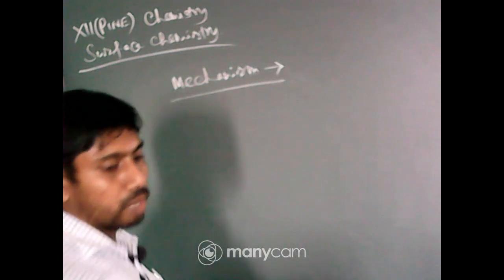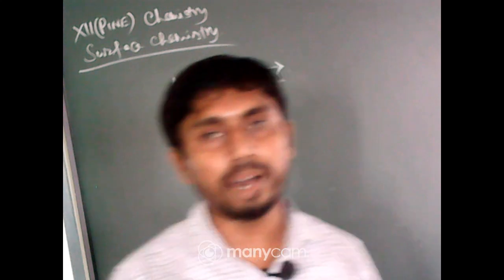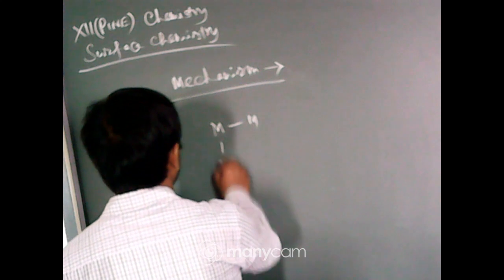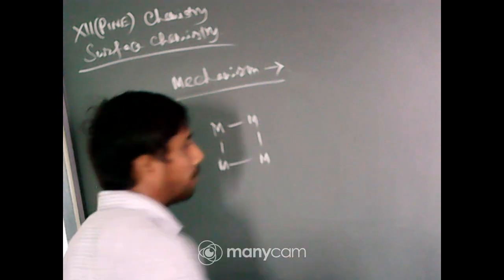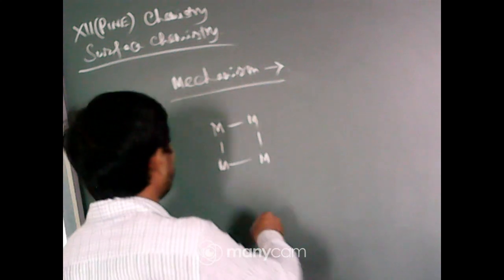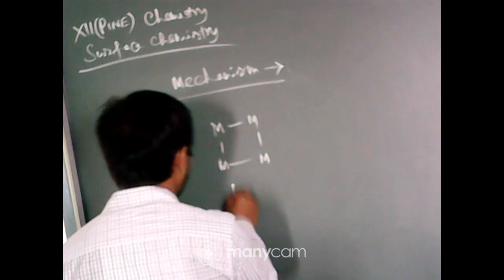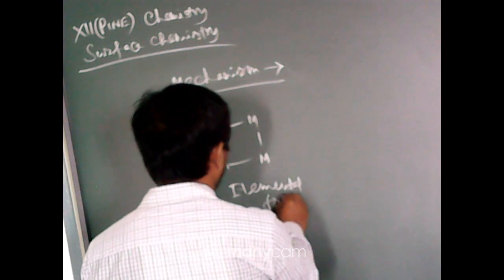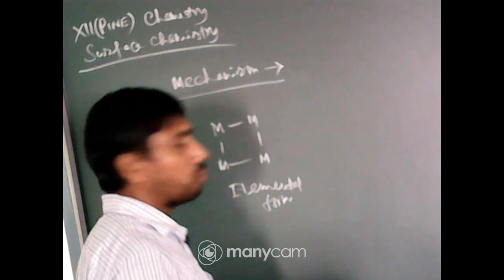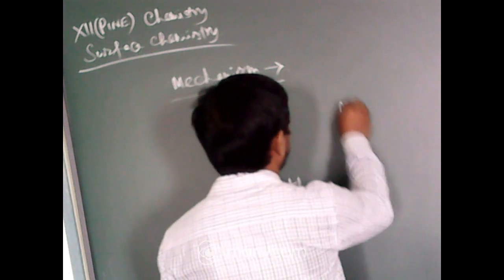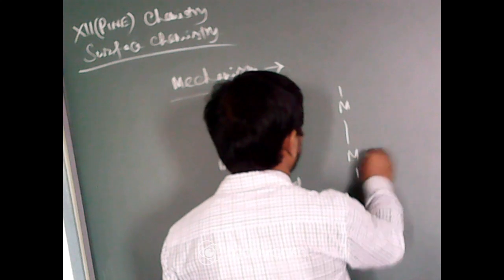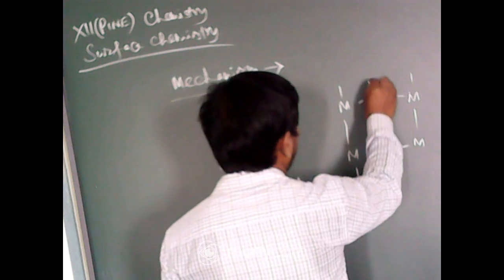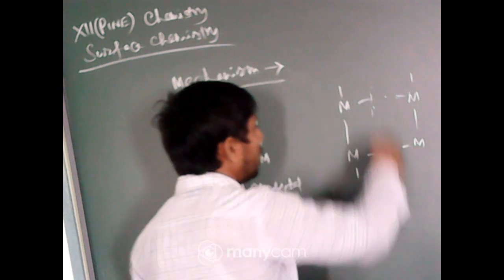For this we will take the example of a finely divided metal. When a metal is in its intact, elemental or crude form, there is strong metallic bonding. But when the metal is finely divided, then these bonds are open.